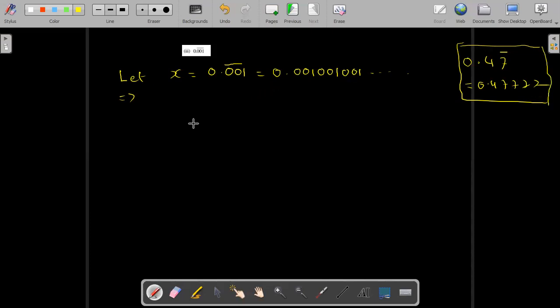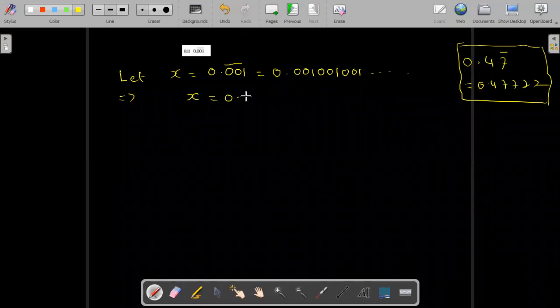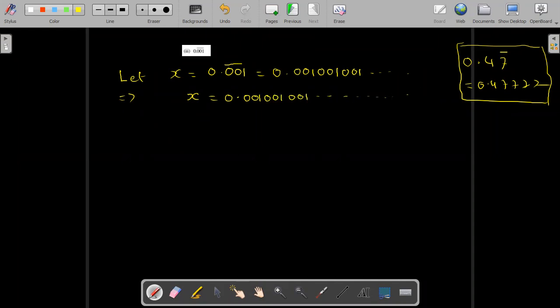Okay, got it. Now it is simple. After the decimal you only have the repeating part, so we can take x is equal to the same number which is given to us, that is 0.001001001. At least 3 times you should always write. This is our equation number 1.